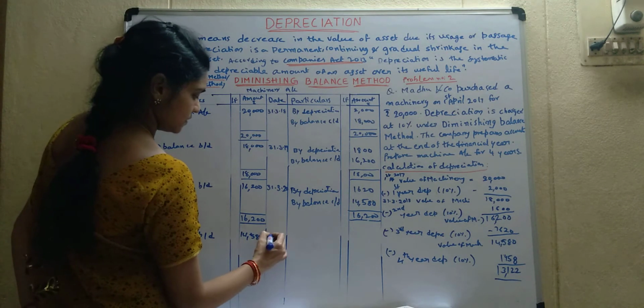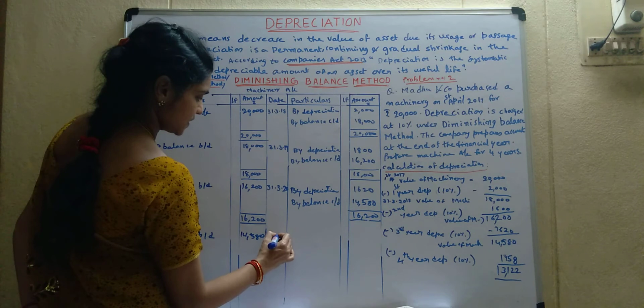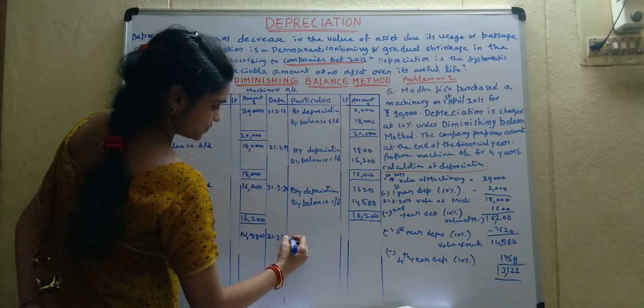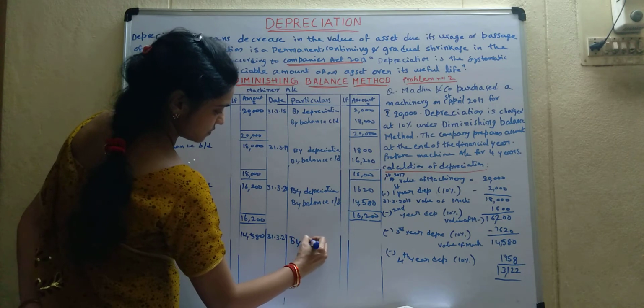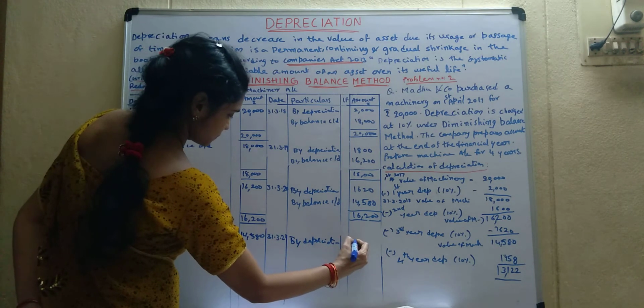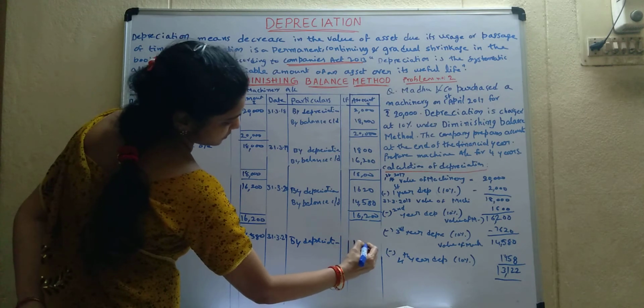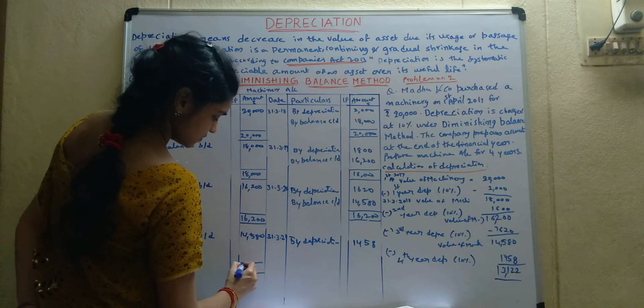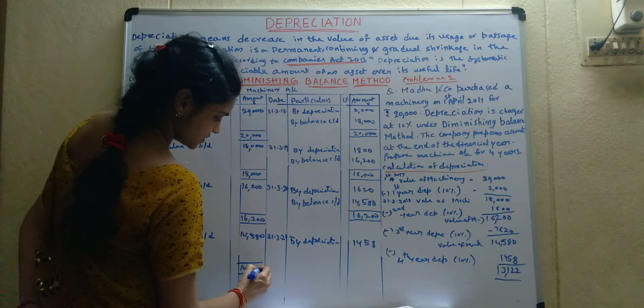Again, depreciation is calculated on 31/3/21, by depreciation. What's the depreciation amount? 1458. Balance 14,580.